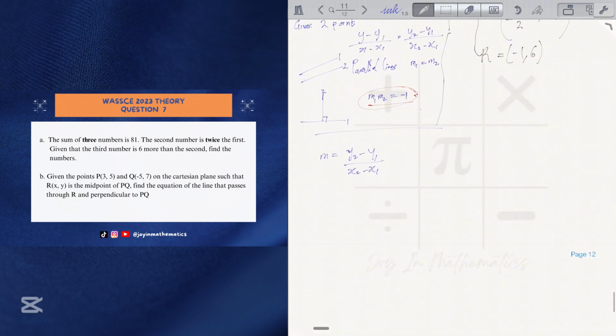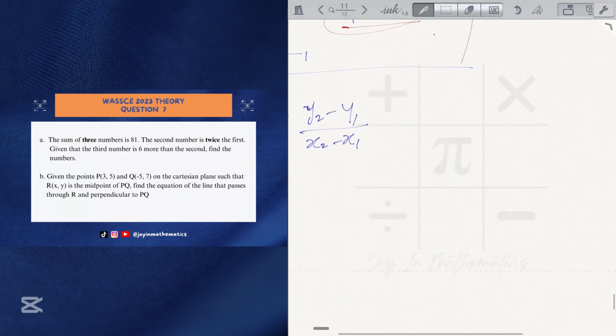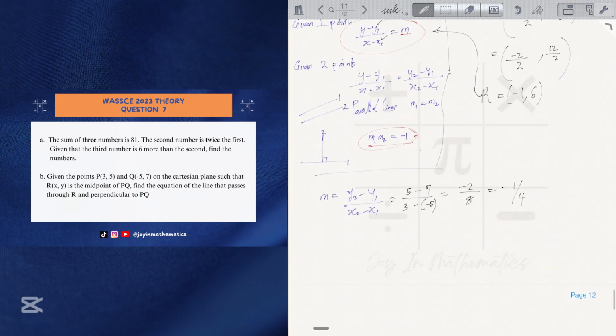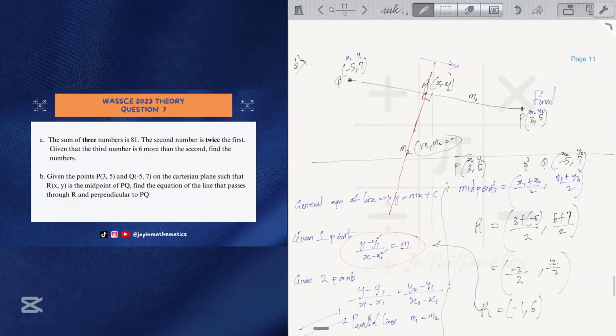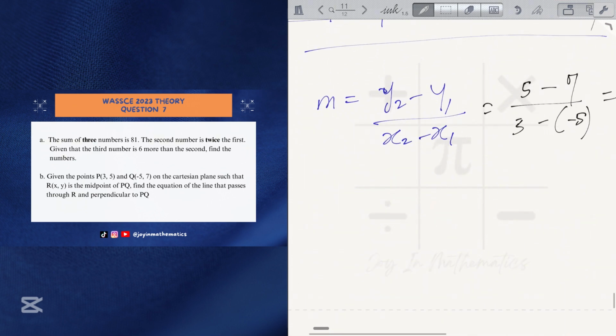So that means we are saying y2 is equal to 5 and y1 is equal to 7. x2 is equal to 3 and x1 is minus 5. So therefore this will result in minus 2 divided by 8, and that gives us minus 1 over 4. Now this is the gradient of the line PQ, so we will tag it as m1.